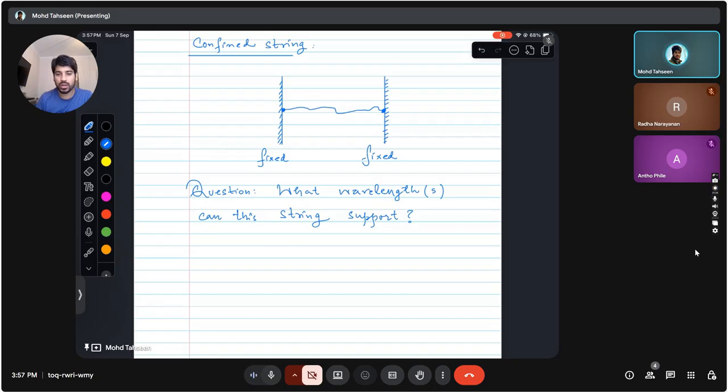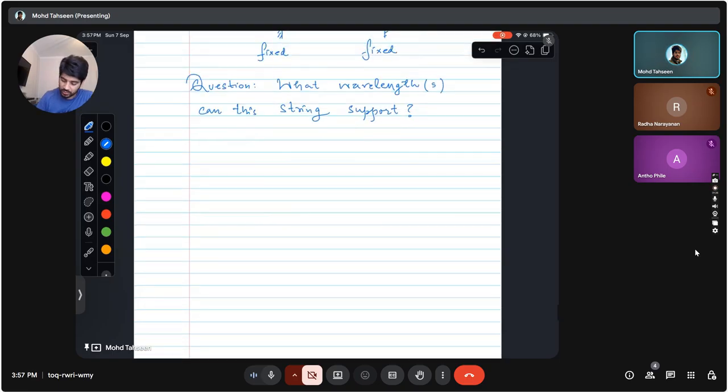And if these two ends of the string are fixed, then these correspond to the nodes. So we will always have a node here, and a node here at the two fixed ends. And what about antinodes? Now we can distribute these antinodes in between this length.